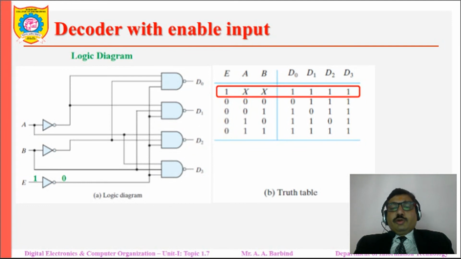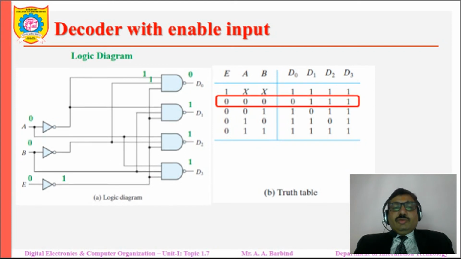So output of all the NAND gates will be 1. So we get this. Then if E is 0, then the output of this inverter will be 1, and that is why all these NAND gates will have this particular input as 1.